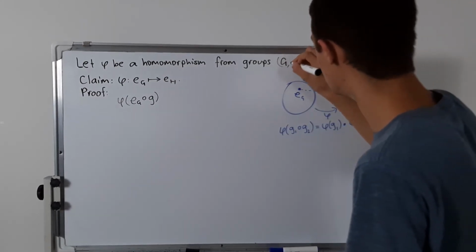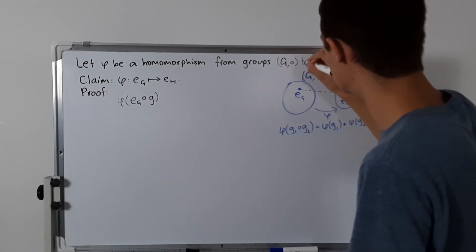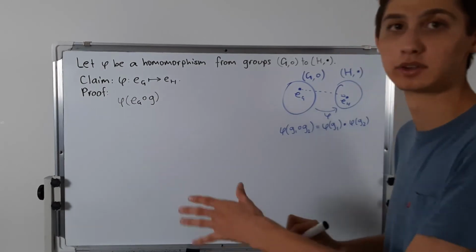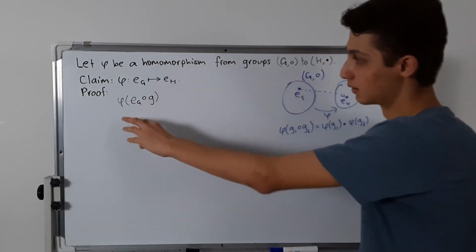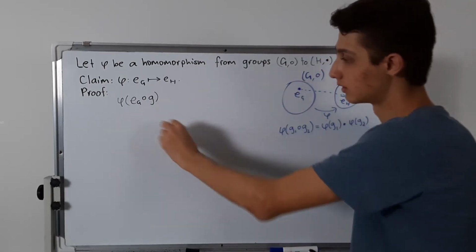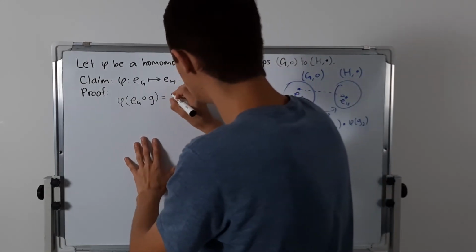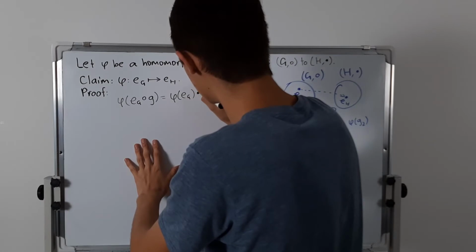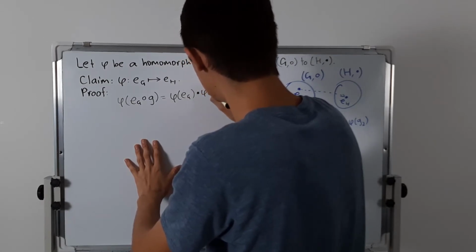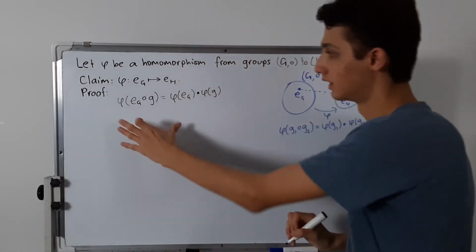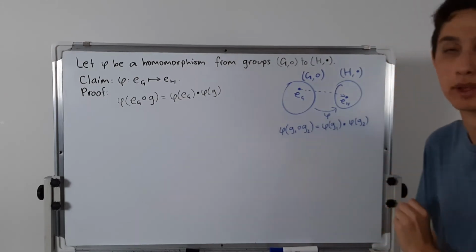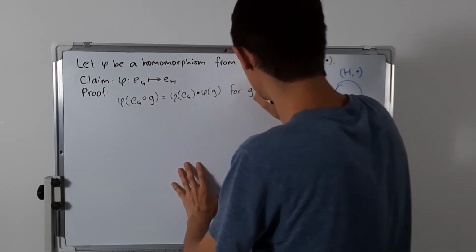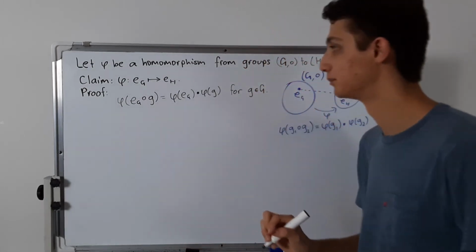So this is G comma open circle to H comma closed circle. There we go, that's more specific. So this is automatically going to be phi of E sub G composed with phi of G, based on this formula, right? This is for G in big G.